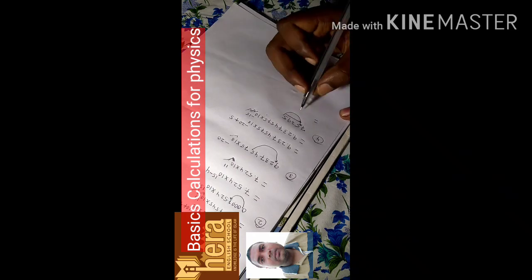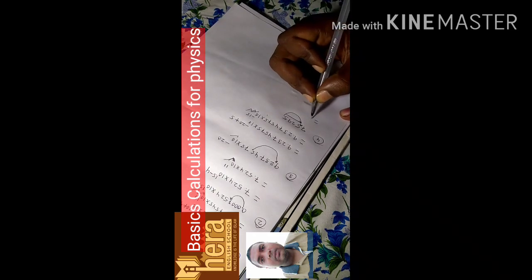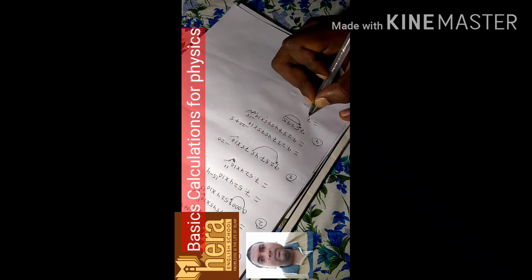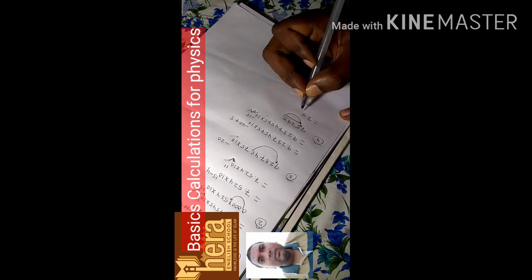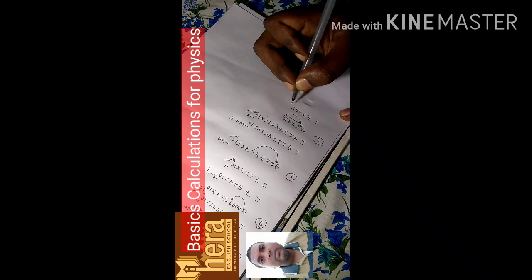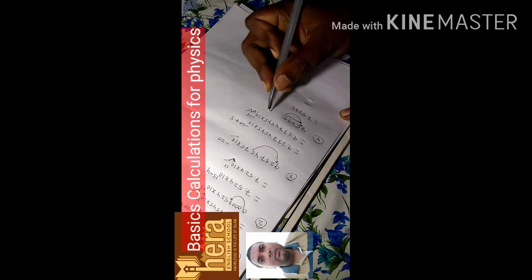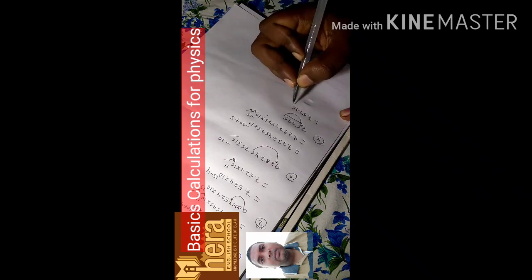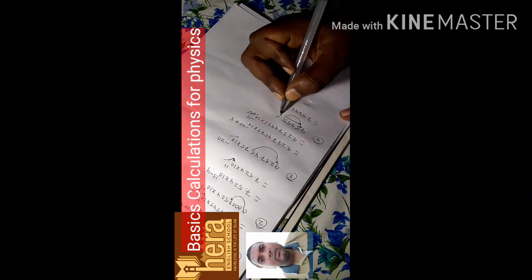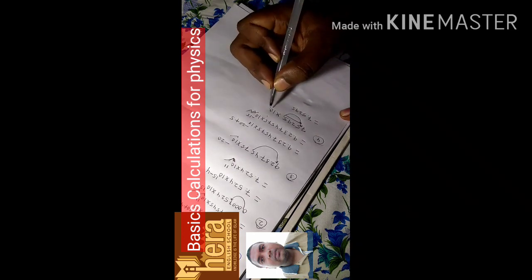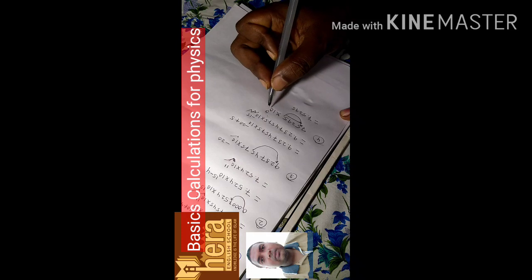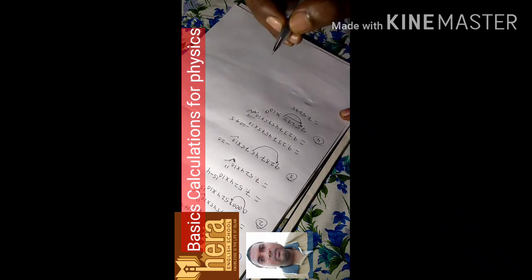It means 7.5295. See, here 10 raised to power is not there, which means here it is 10 raised to 0. 10 raised to 0 means 1.